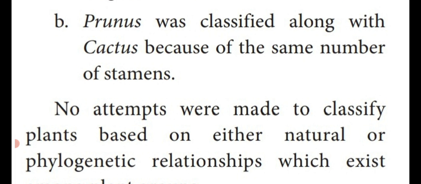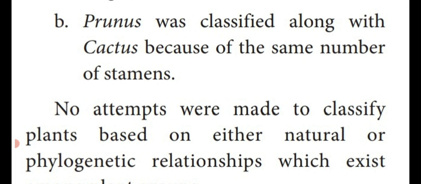Then another disadvantage is Prunus is also one of the family, and cactus is the other family. But both of them are placed into one group based on the number of stamens. So this is the disadvantage.